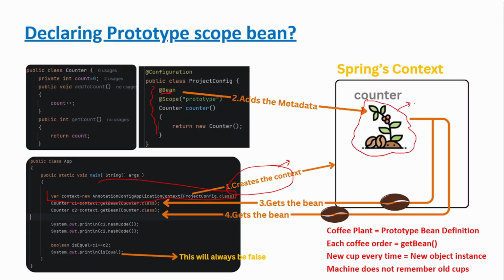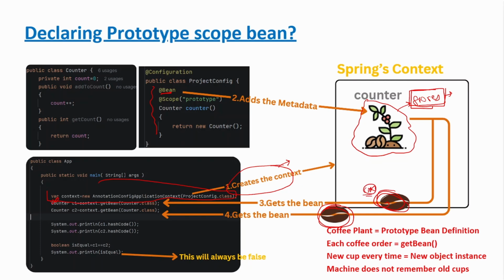It only stores the metadata, the information required for the creation of the bean, and every time we request a bean, Spring creates a new instance of the bean and returns it to our object, and after returning it, Spring forgets about it.